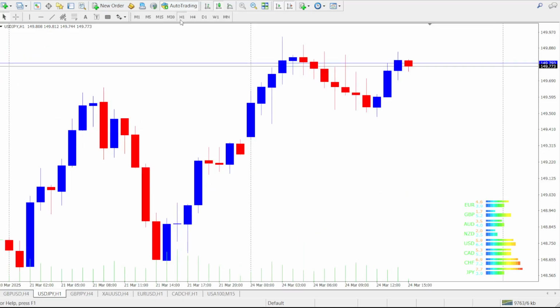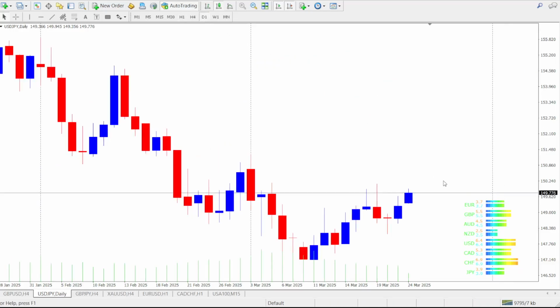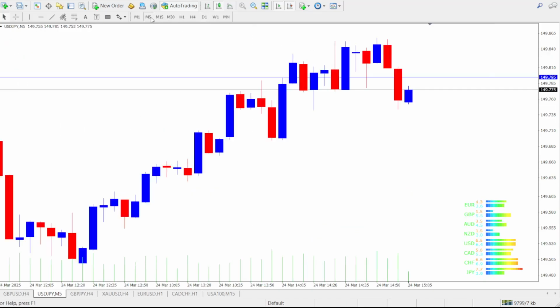So you can see when we go to another time frame, you will notice that the narrow bars show a different value from the wide bars, because the wide bars show the strength on the daily time frame. Any other time frame you go to, the narrow bars are going to show the strength for that particular time frame.